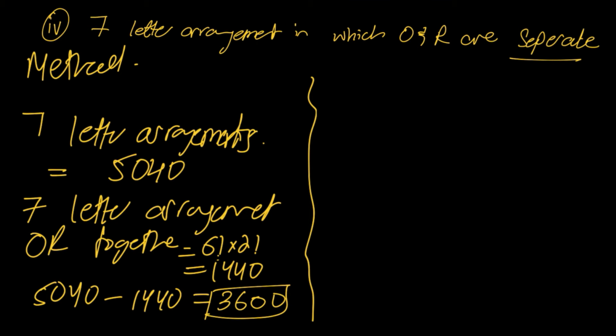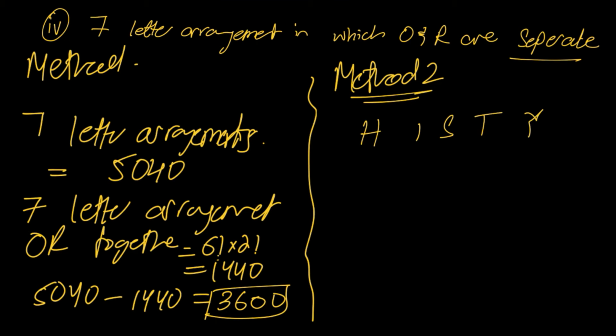Okay, now the second method is that for a second we forget O and R. We take the other letters H, I, S, T and Y. So we have these 5 characters, and we can shuffle these up in 5 factorial ways. Now we have these 6 places.